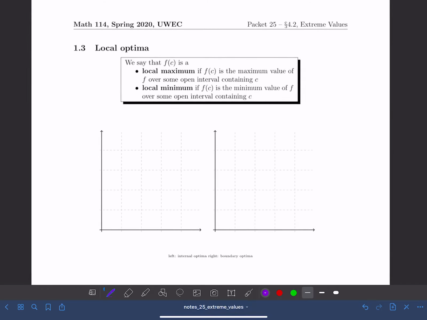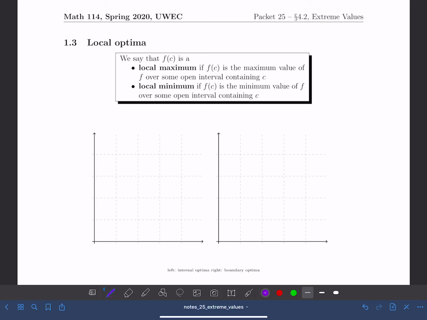So I want to talk about local optima now. Local min and local max are when the function is a minimum or maximum over some interval that contains that particular point. I think the best way to do this is via picture. So let's draw a picture of a curve on the left-hand side, like that. And let's consider an interval, say from there to there.